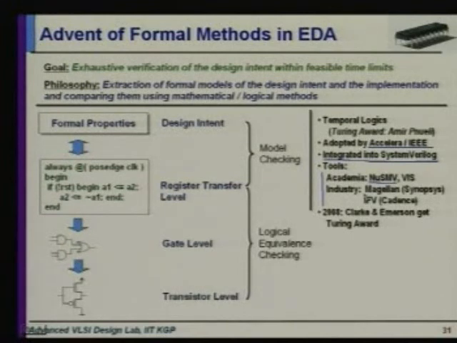We also have Magellan in the lab, so later on, if you want to get exposed to that, you can use it. And this year, the people who developed the original algorithms for model checking, namely Ed Clarke from CMU and Emerson from the University of Texas at Austin, received the Turing Award jointly for this work.